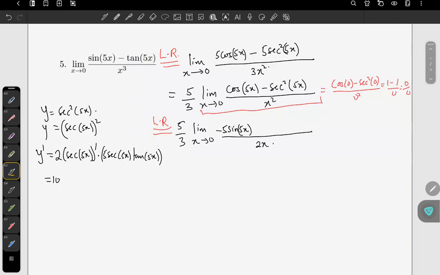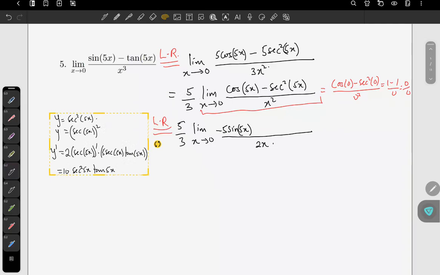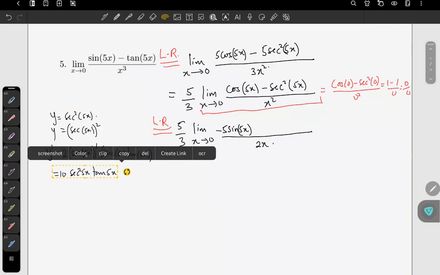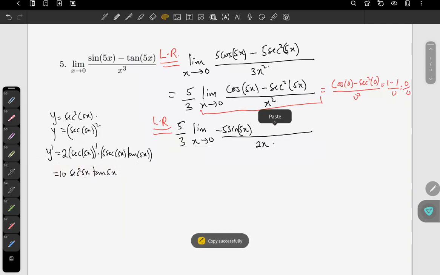Altogether, that will be 10 sec squared 5x tan 5x. So this is the result that we are going to use in that L'Hopital's rule. So I'm taking this, copy, paste. So let's remove the minus. All right.